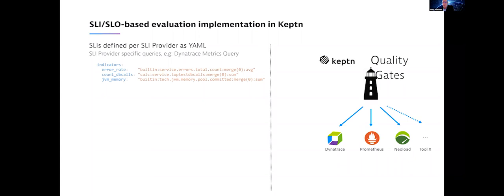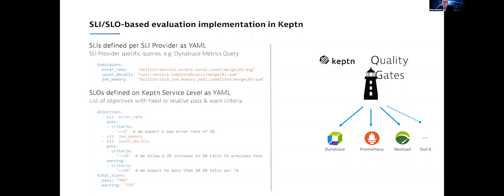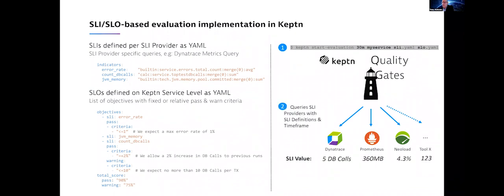In this case, the SLI, you will have an SLI definition. And at the same time, you also have an SLO definition. So the thing that is left for you to do is to start that evaluation for a specific time, for instance, on a specific service, with your SLI definition file and with your SLO definition file. And Dynatrace, or the metrics provider, will then automatically capture the SLI metrics.